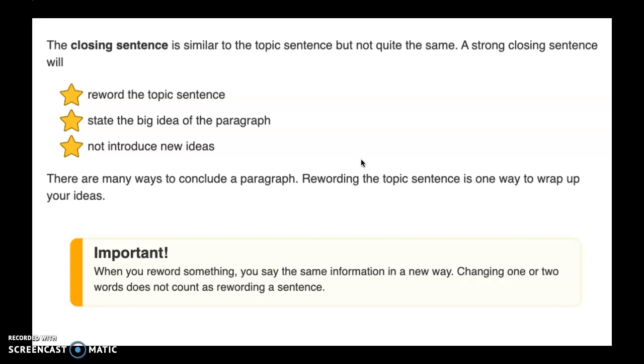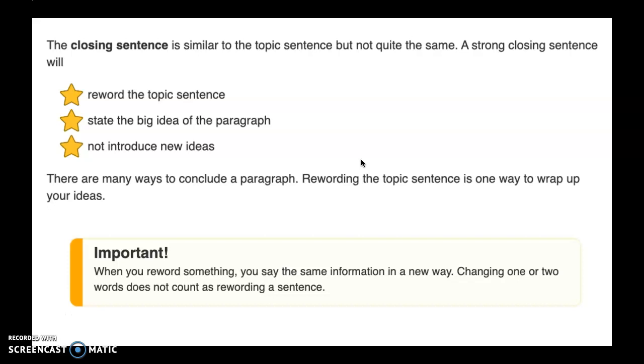A strong closing sentence will reword the topic sentence, state the big idea of the paragraph, and not introduce new ideas. We're done with our new ideas, those were our crunchy details. If we add another new idea, then how are we going to keep all the good ideas in our sandwich? This is just a slice of bread, letting our reader know we're done.